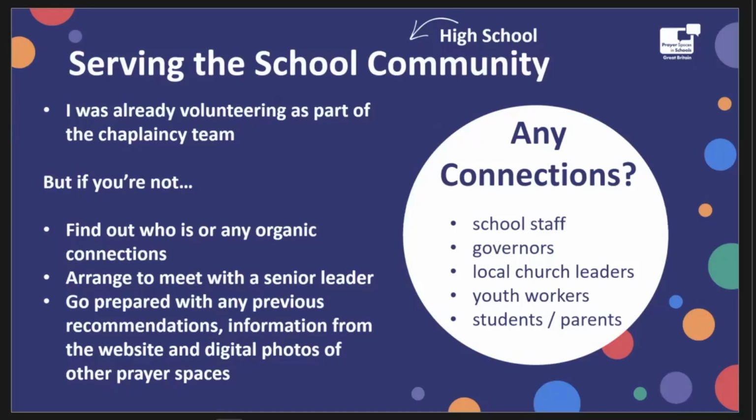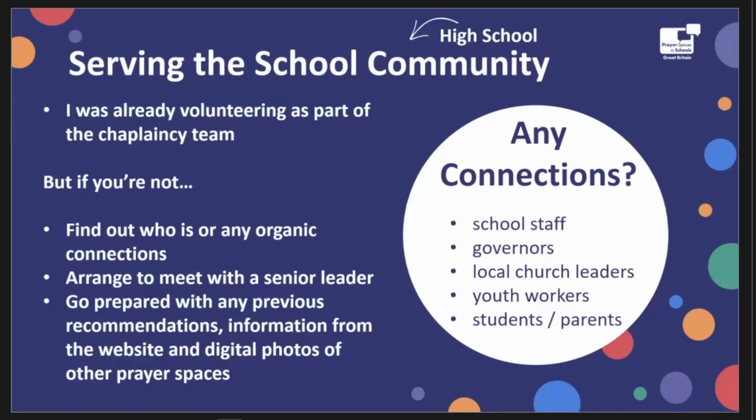So I think one of the barriers that we could have is when we talk to schools about prayer spaces, if they've got no preconceived ideas of what that might be, then some of them might think we're talking about an empty room and students are meant to come in and pray a set of prayers and things like that. And that's not really what we're talking about.